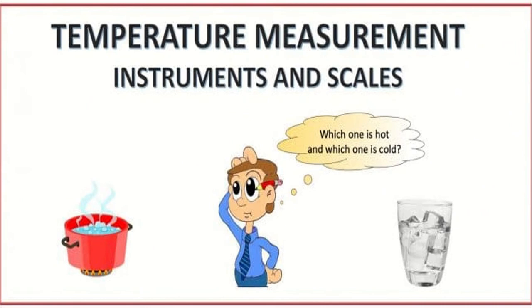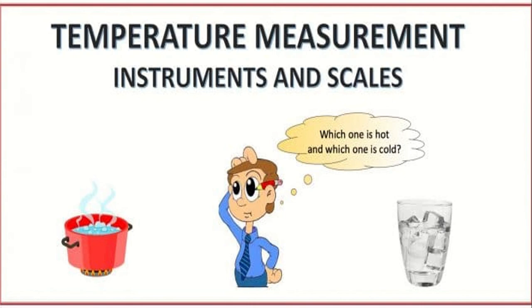Dear student, now look here in this picture. Here is hot soup, okay, and here is ice, cold ice. So which one is hot and which one is cold? How can you understand? You can understand by seeing, but you know, science means experimental verification.